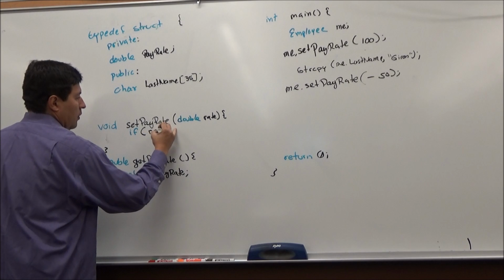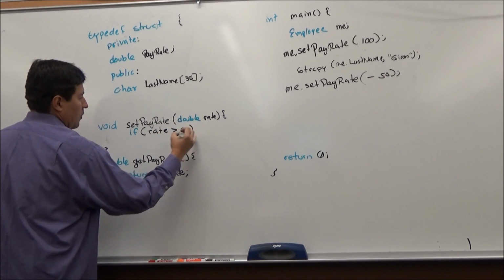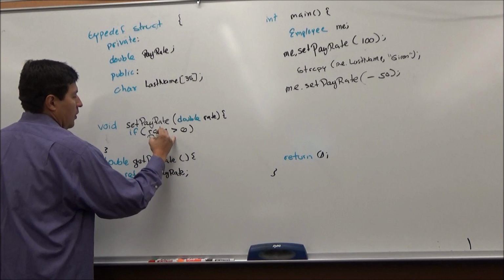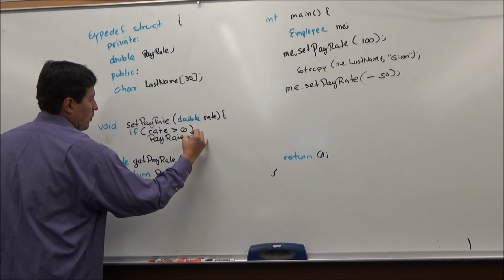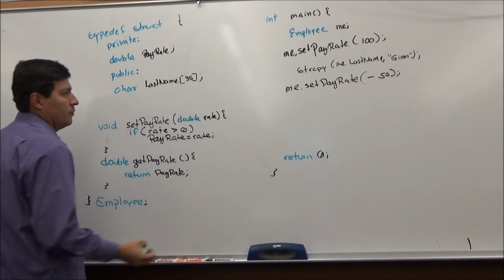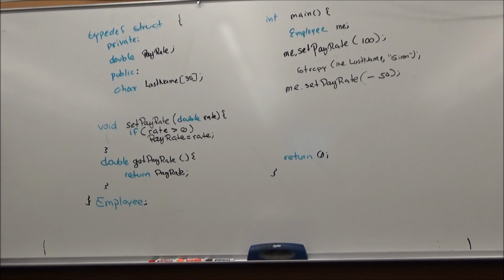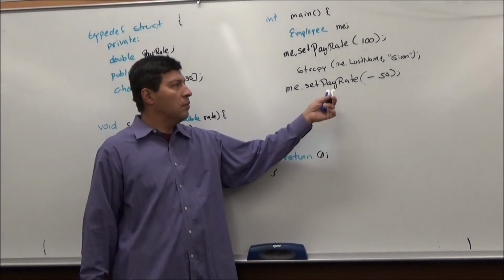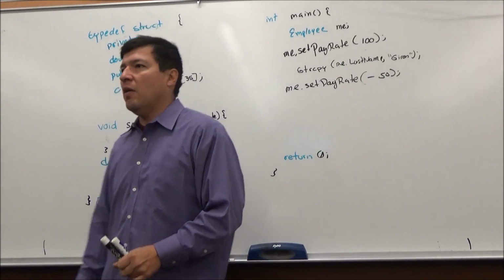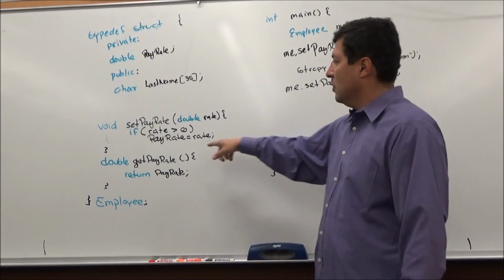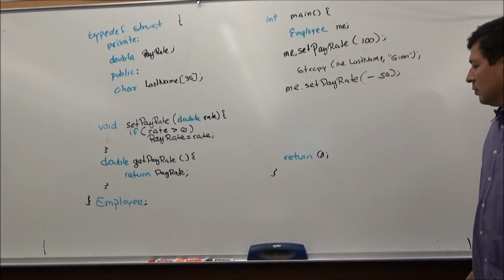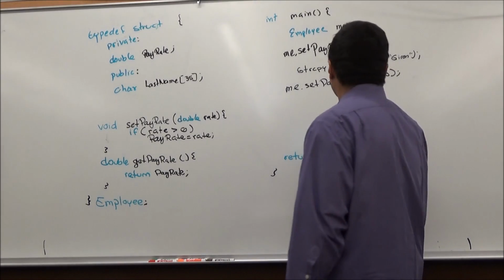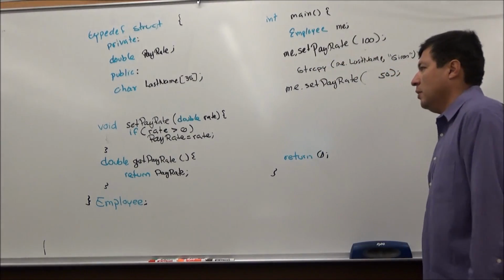If the rate is greater than 0, then I set the pay rate. Now, even though it won't give me an error, the value won't get changed because it doesn't meet that, right? Now this will work.